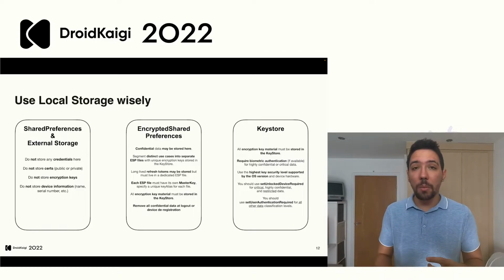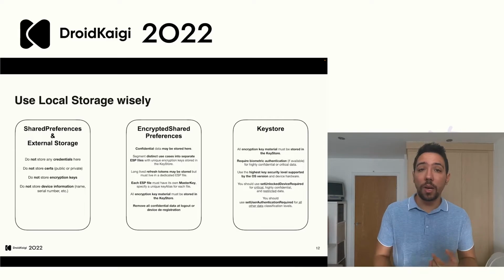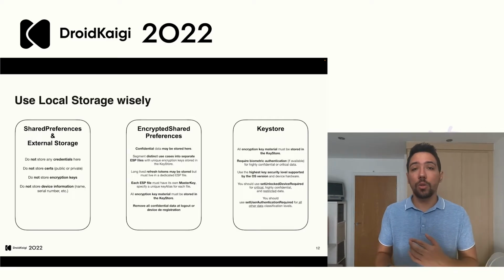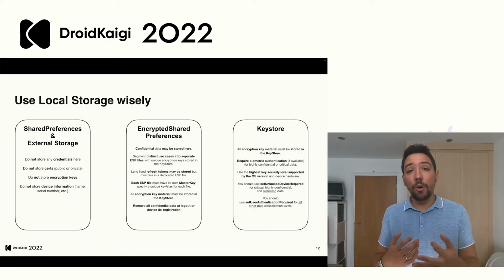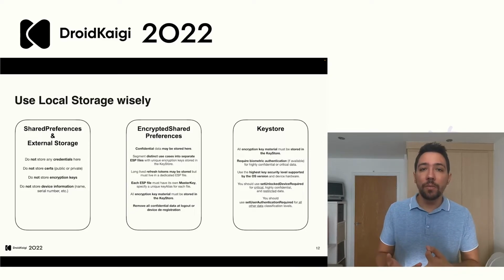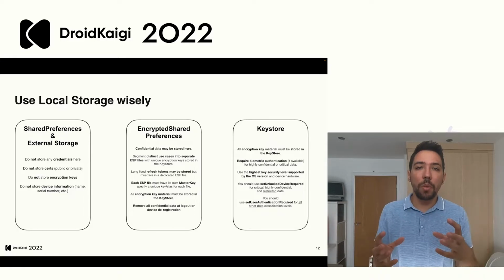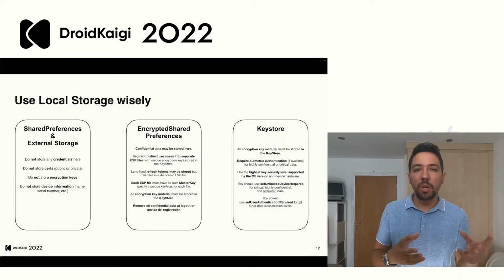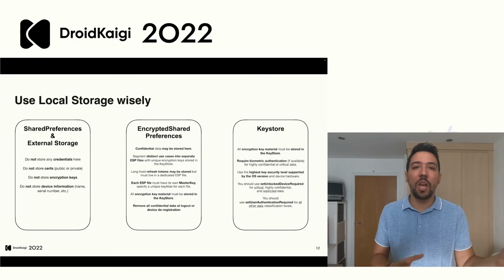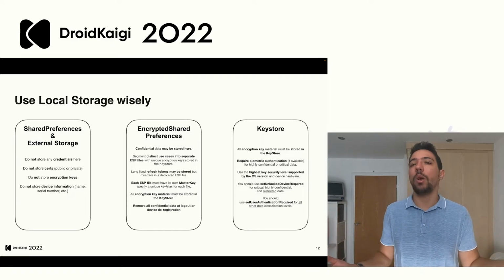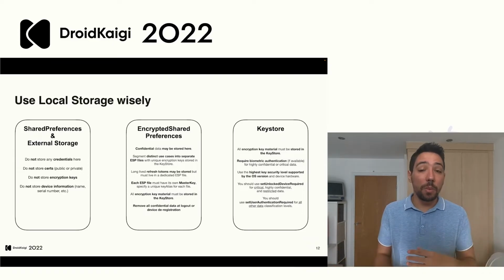So what I would like to recommend is that you should not store any credentials there, you should not store any certificates there, and of course you should not store any encryption keys, because if you're using a really strong encryption method and then you're storing the encryption keys somewhere that's not safe, you're pretty much giving out the key to anyone. So your encryption method is pretty much useless.